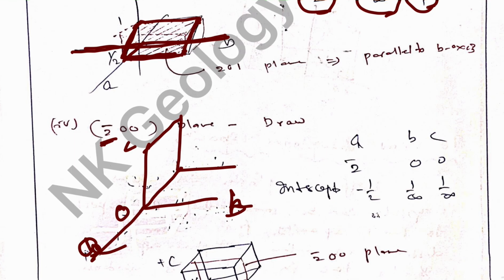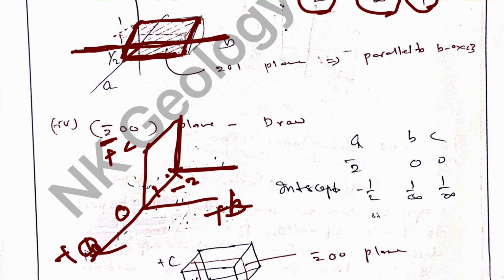So this is positive a, this is positive b, this is positive c. So minus 2 will be this unit. It's minus 2. Then it is parallel to b and parallel to c.